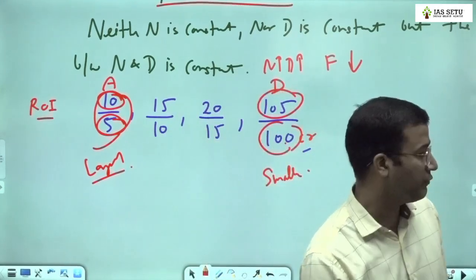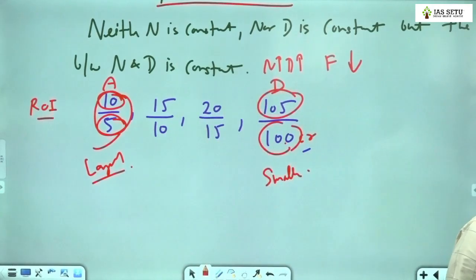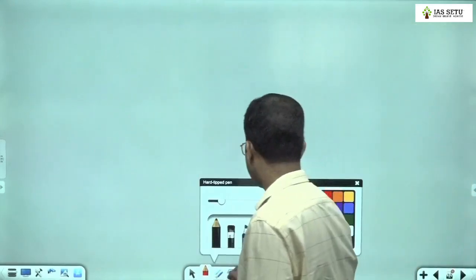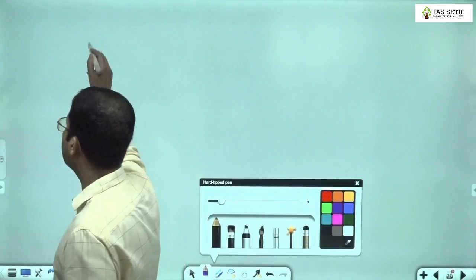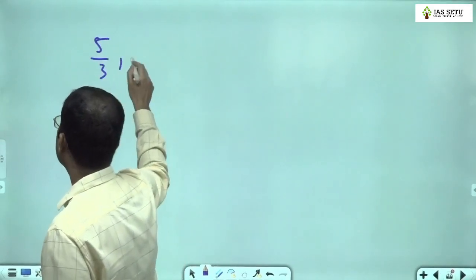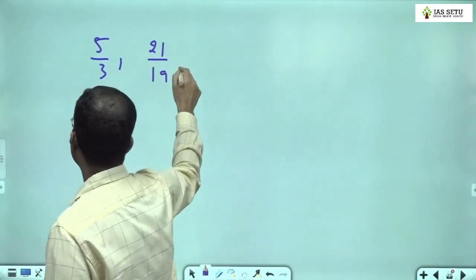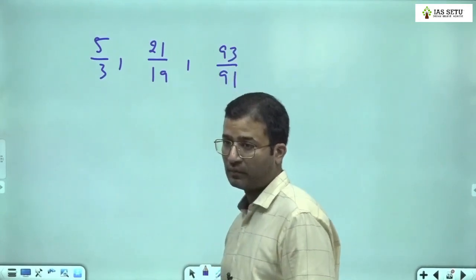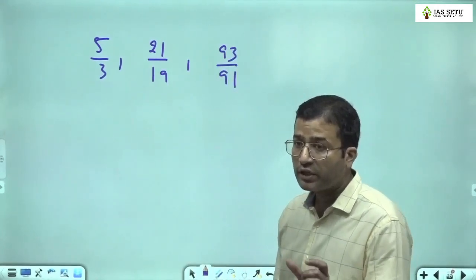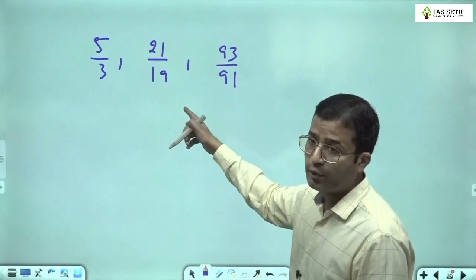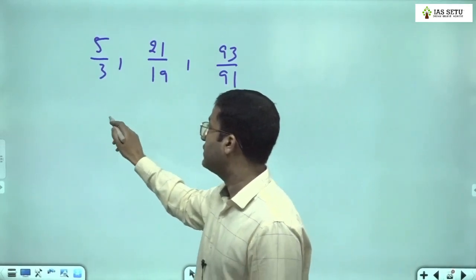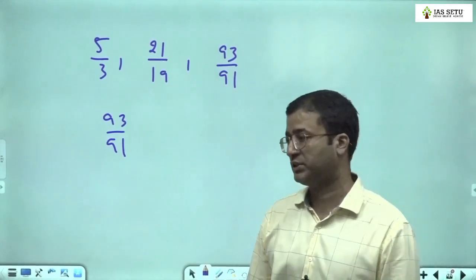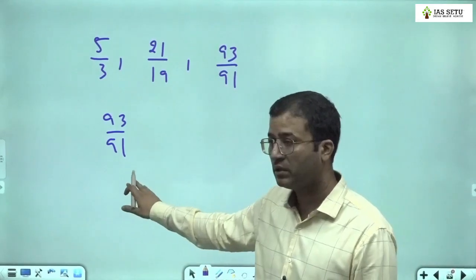You have to be careful about this. Like here, if I take question like 5 by 3, 21 by 19, 93 by 91. So here you have to be careful, these are improper fractions, so that's why 93 by 91 is the smallest fraction. Is it okay?